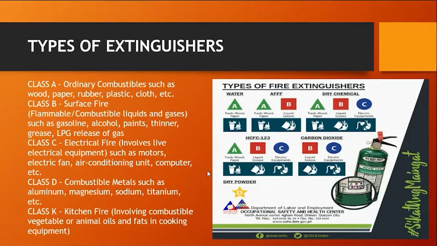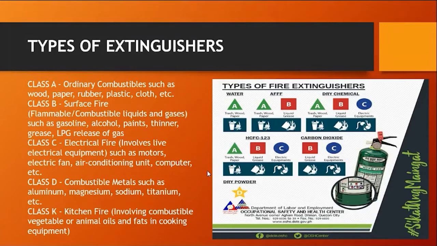So, types of extinguishers. First is Class A. This is used for ordinary combustibles such as wood, paper, rubber, plastic, and cloth. Next is Class B, surface fire: flammable or combustible liquids and gases, such as gasoline, alcohol, paints, thinner, grease, and LPG release of gas.